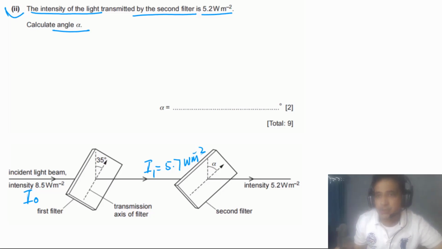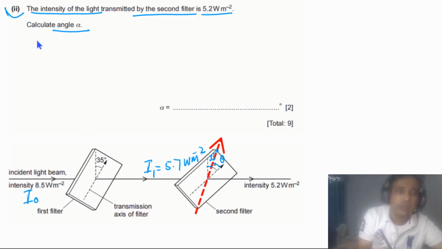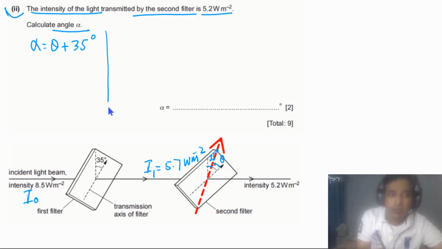So we can draw another arrow here. This arrow is representing an angle of 35 degrees with vertical. We can say this angle is theta. So in this case, alpha will be equal to theta plus 35 degrees. Now simply we need to find the value of theta.